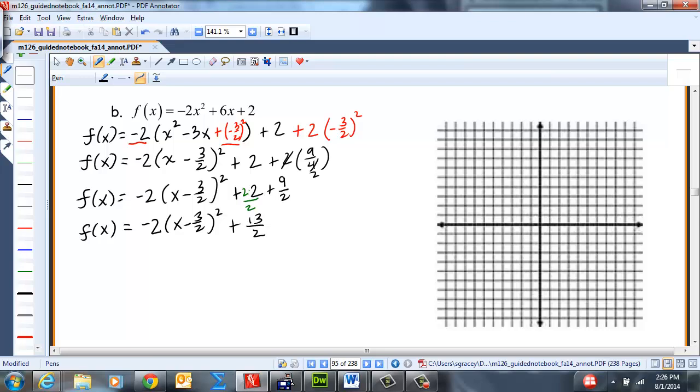Okay, so here we go. So I'll just write this as x and y. And we're going to have a few transformations going on. So the first one that we're going to do is our library graph.